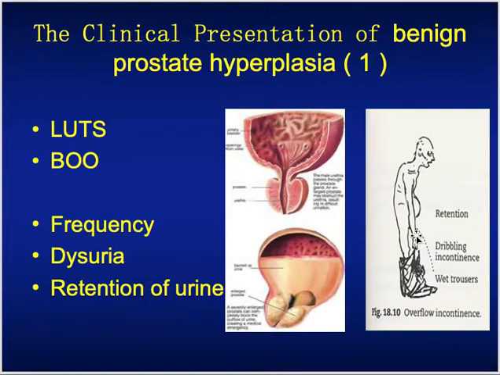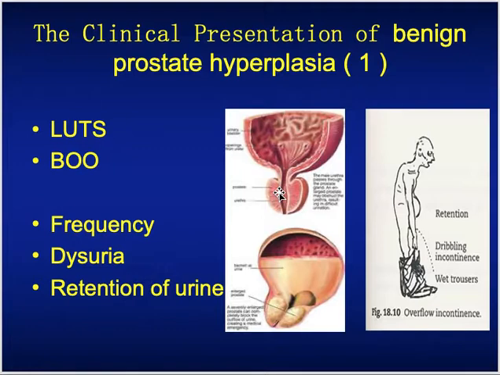Because they have a blockage over here, they don't feel like their bladder is completely empty. So they have hesitancy, they may have urgency, their stream is weak, they urinate a little and stop, and even after that they don't feel like their bladder is empty.